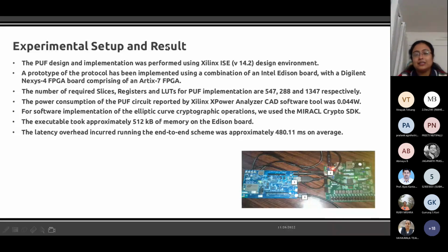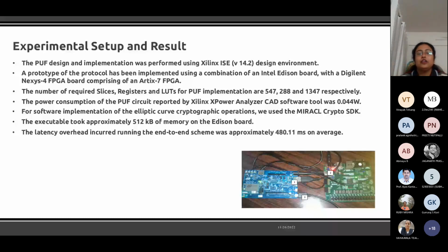You can see that this latency also includes giving serial input to the Artix-7 FPGA and taking serial output from it. Nowadays there are a lot of Xilinx boards like Cora Z7 and Cora Z-Turn, which have an ARM processor and an FPGA merged together in a single SoC, system on chip.